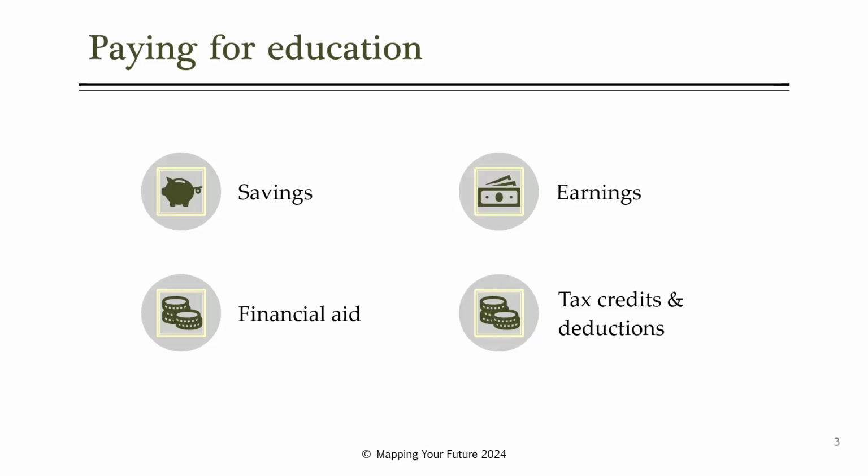We have financial aid, which we're going to be talking about tonight, so I'm not going to go too far in depth on that right now. We have tax credits and deductions. These are on the slide more or less as a reminder, because while credits and deductions don't pay for college per se, they do help parents and students reduce their cost of education in the long run.